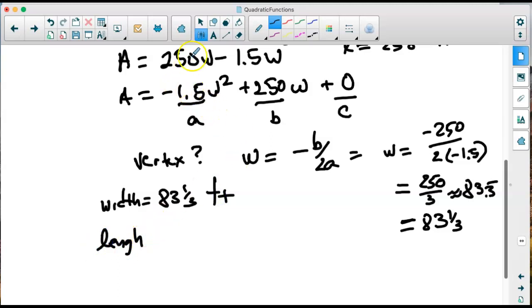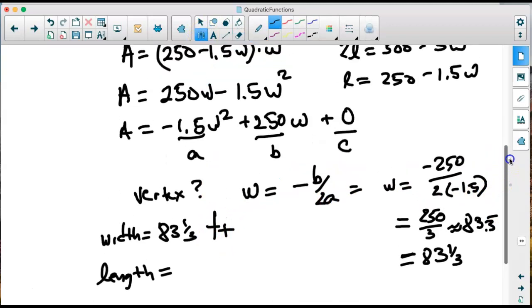Okay, and now the length is a function of the width.